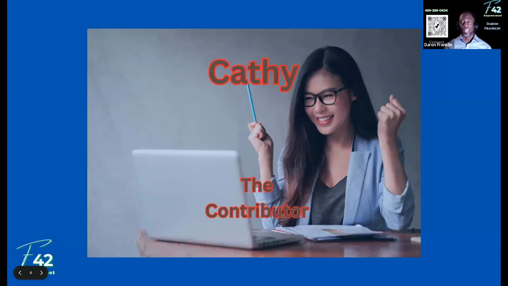The next category, the L, is for a lifer. Now, this lifer is very intrinsically motivated. This lifer wants to sit in the leader seat, has ambitions of growing to the top, and does all the things that need to be done in order to excel and elevate in their career. That lifer is the person who not only puts in the time, but also adds as much value as they can to the organization.